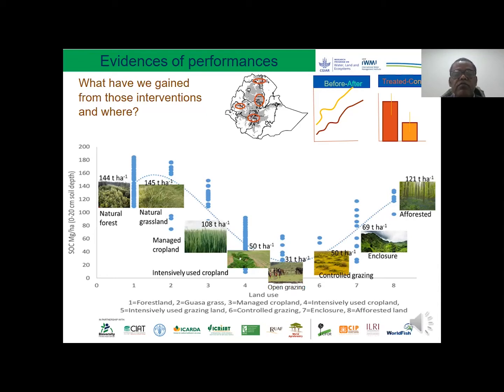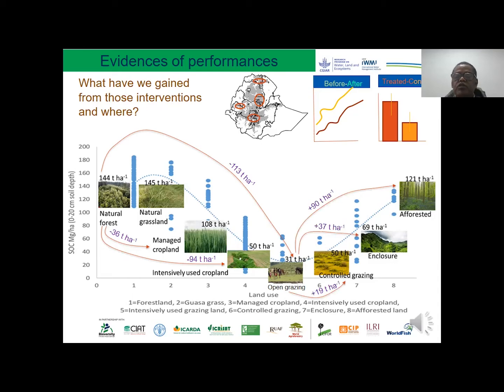So we can see the numbers: in the forest areas there is a high amount of soil organic carbon, 144 tons per hectare, for example, while in open grazing areas there is very little, around 31 tons per hectare. And we can see the changes. When we transition from forest to open grazing, there is a loss of more than 110 tons per hectare. And you can see other figures for other components.